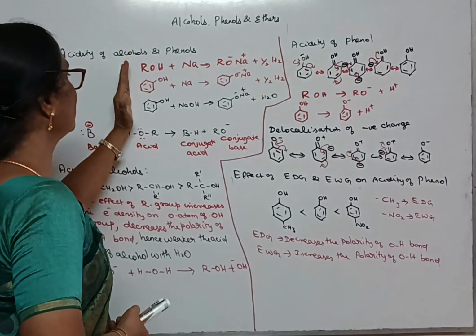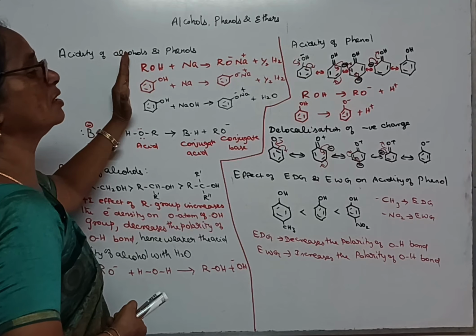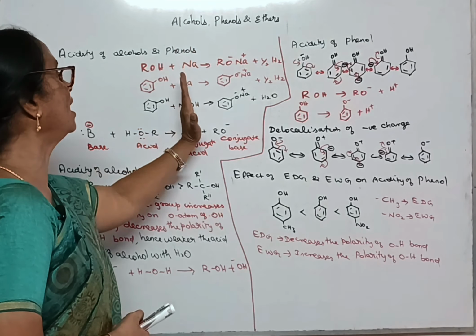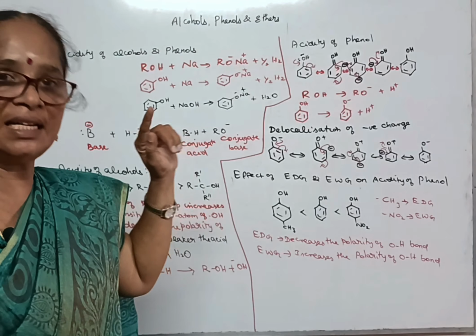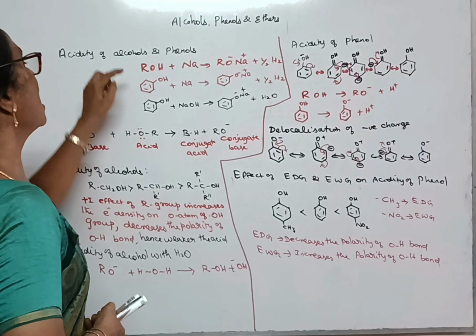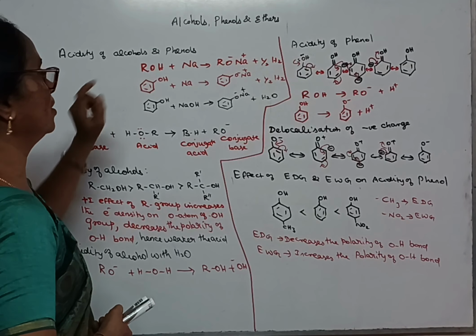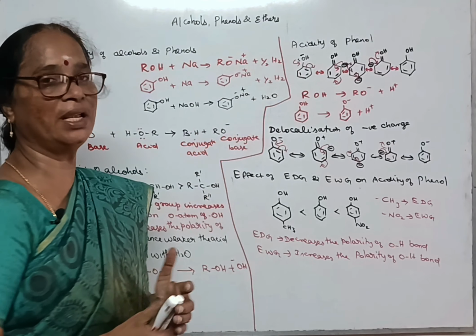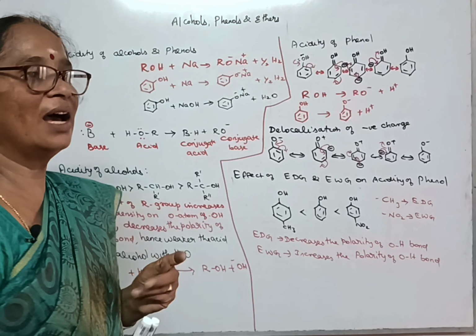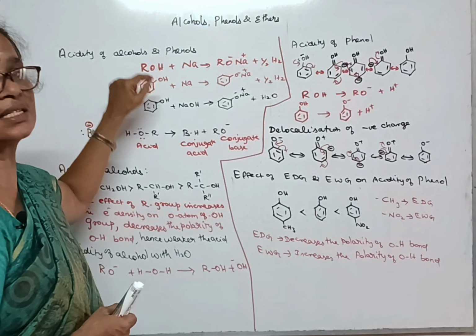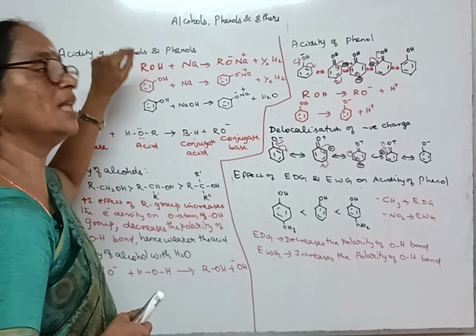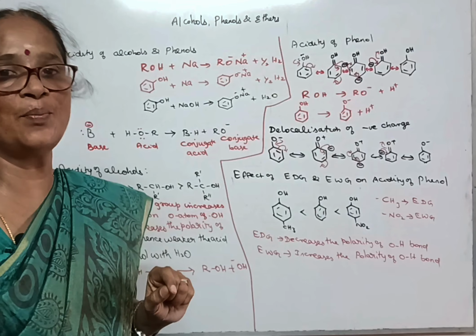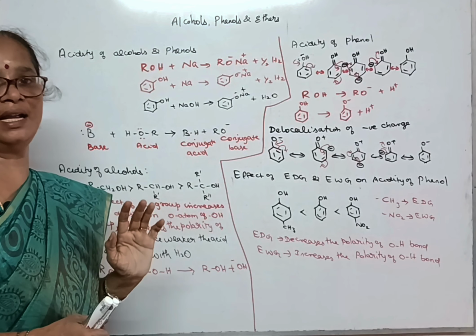So this difference in the reactivity of alcohol and phenol with sodium metal and sodium hydroxide makes the difference in acidity of alcohol and phenol. So how is the hydrogen released? Where the hydrogen behaves as acidic hydrogen, only there can the metal or the bases displace hydrogen.